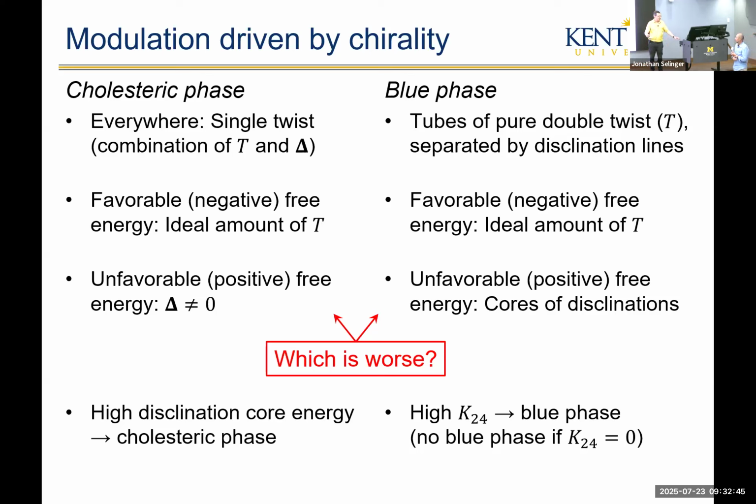Do we have time for one more? Sure. Please. This is a naive question, but I'm curious about this cholesteric phase that you're discussing on the left. I'd never heard before that even if you have a preferred twist, this is not fully happy. It also has this delta thing, which I don't really have any intuition for.